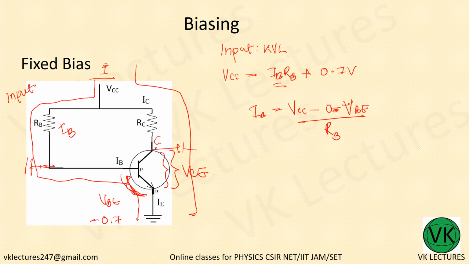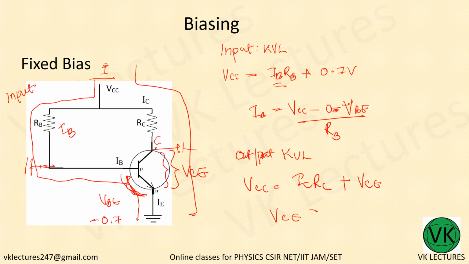Now applying KVL to the output, what you have, VCC equal to, there's a transistor RC, so IC times RC plus VCE. Now what is VCE? Why do we want VCE? We want VCE because we want to find out the drop across this VCE, that is the output. Whatever is coming out of VCE is output with respect to ground.